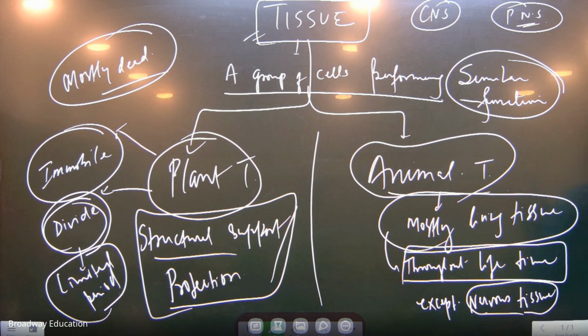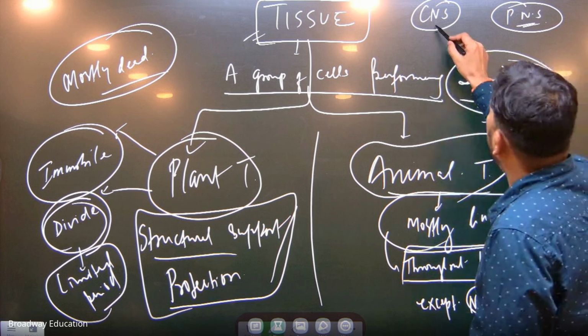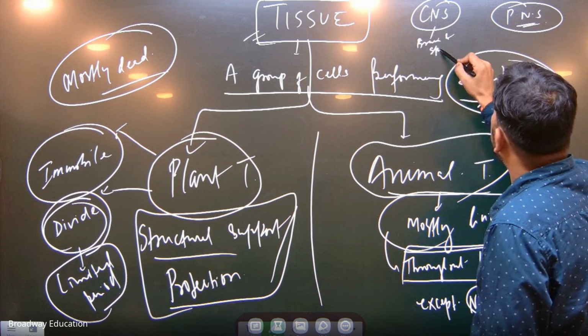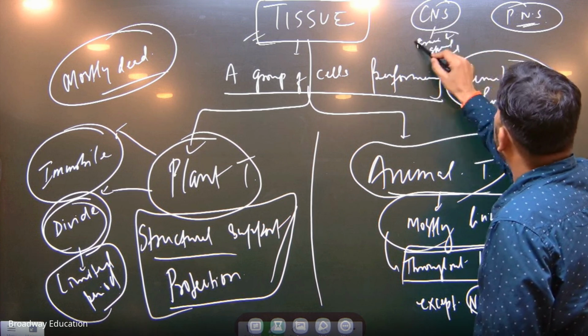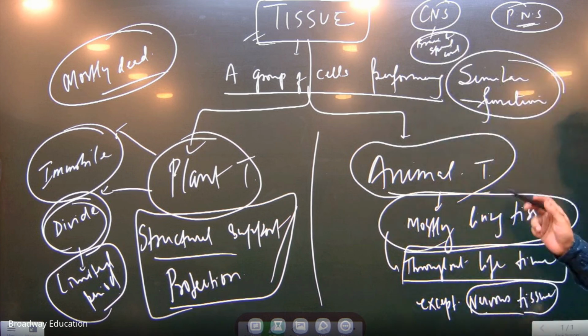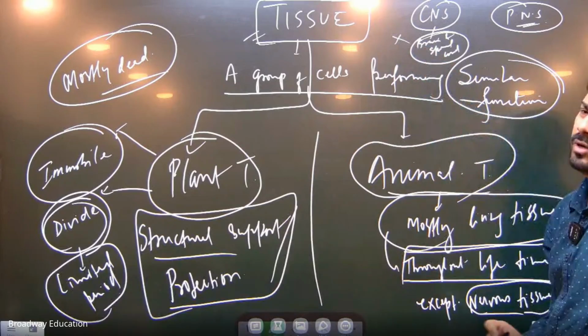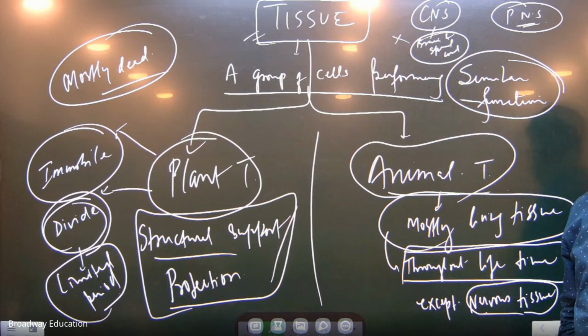Now, the central nervous system basically comprises the brain and the spinal cord. Brain and the spinal cord. Is this part clear? So, the brain and the spinal cord tissues don't divide throughout the lifetime. Once they are damaged, they are damaged forever.